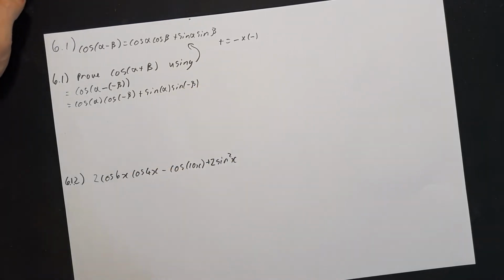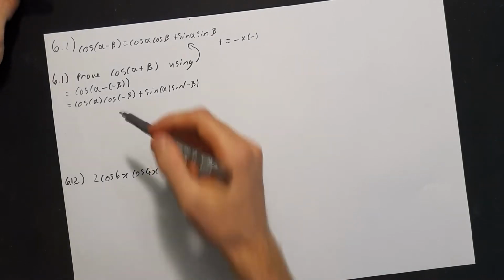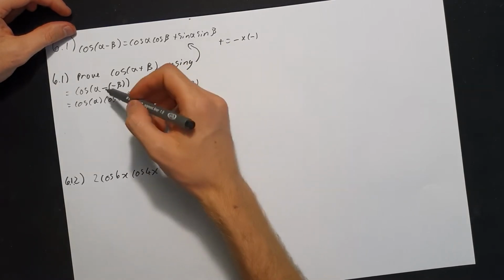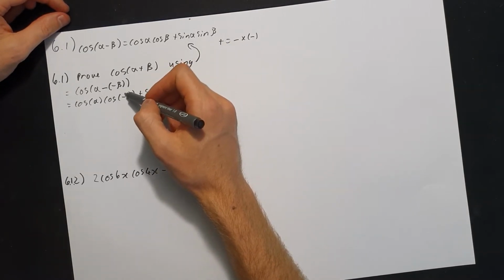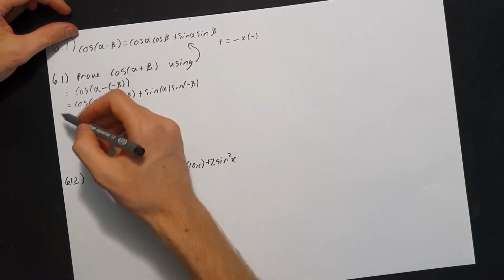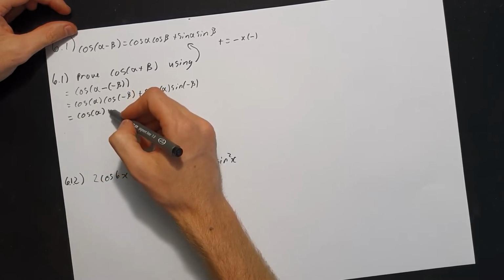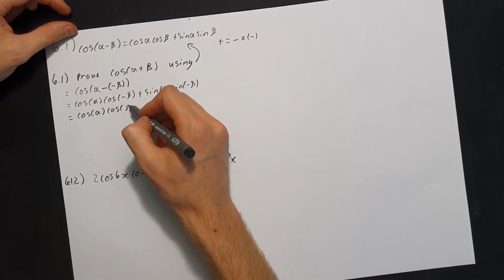Okay, so now that we have that, now we can use our rules for cos, our identities, and then for sine as well. So we know that cos of any negative angle is just going to give us a positive cos. So this is just going to be cos of alpha cos of beta.